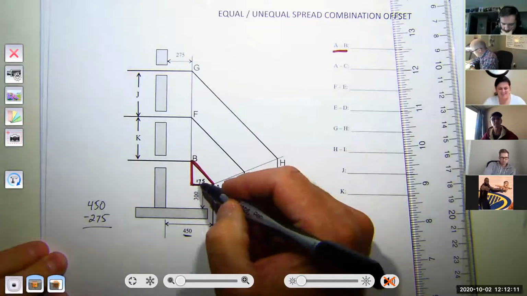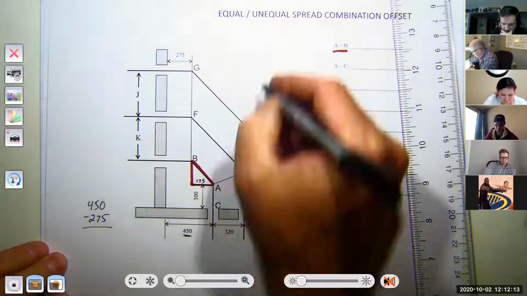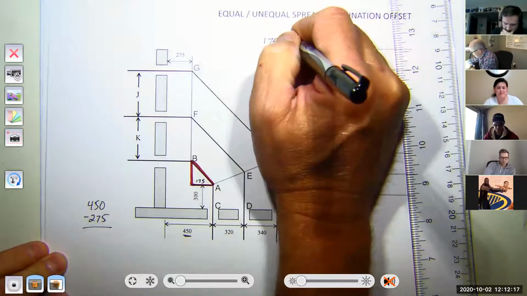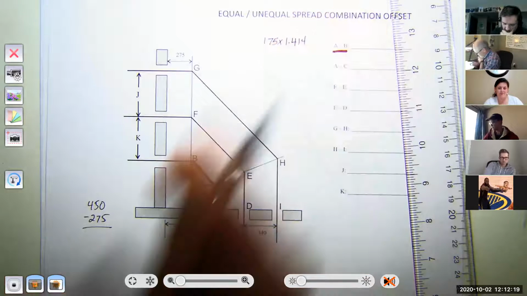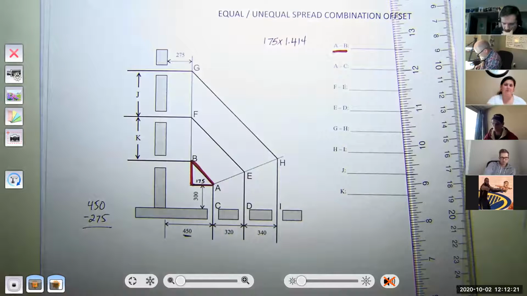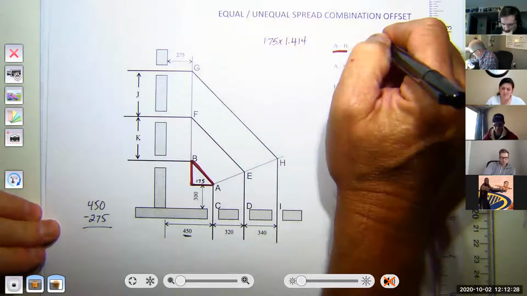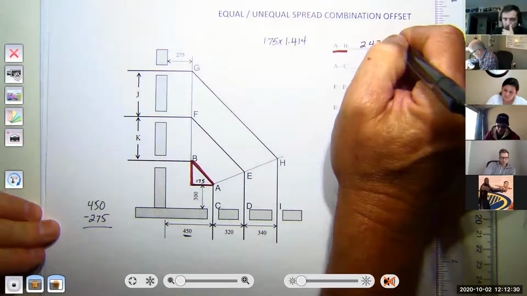Okay, so now we could solve for A to B by taking 175 and multiplying that by 1.414 to get the travel, and that comes out to 247.45.